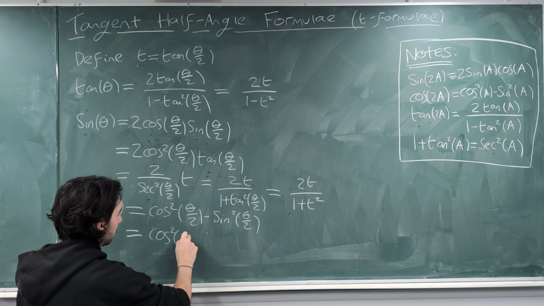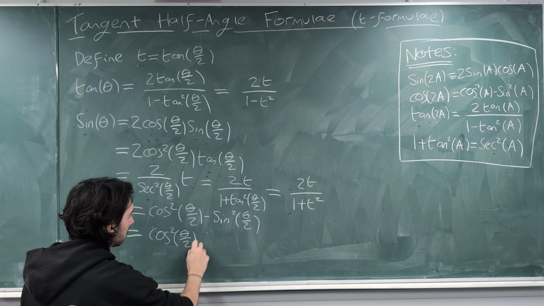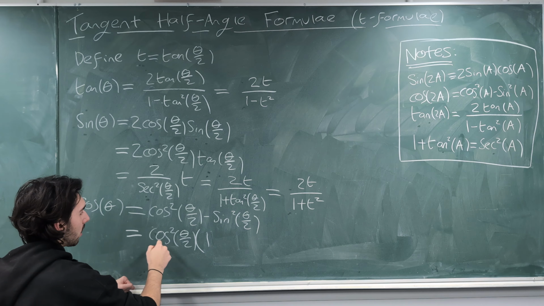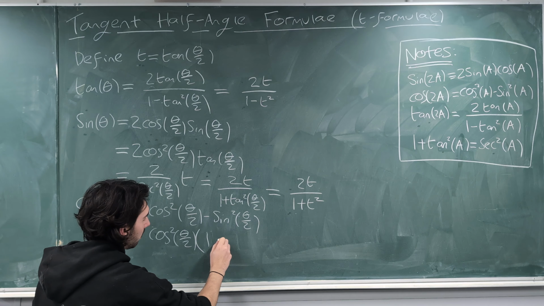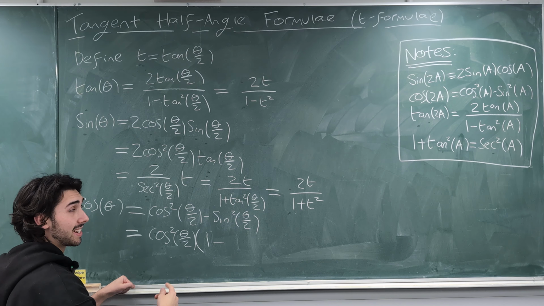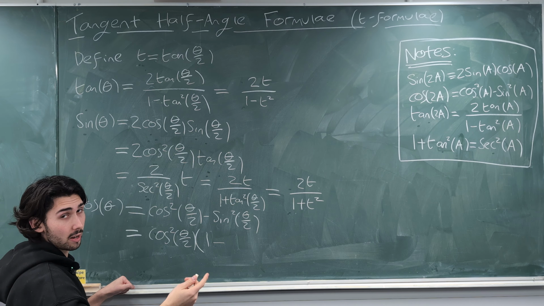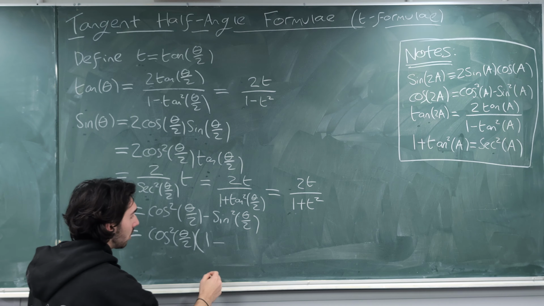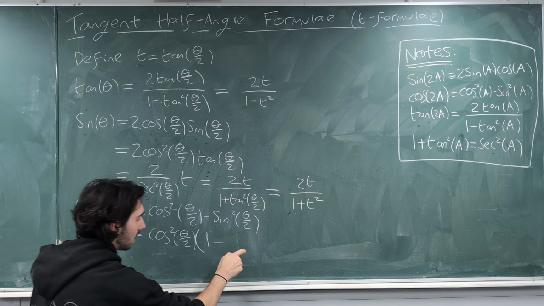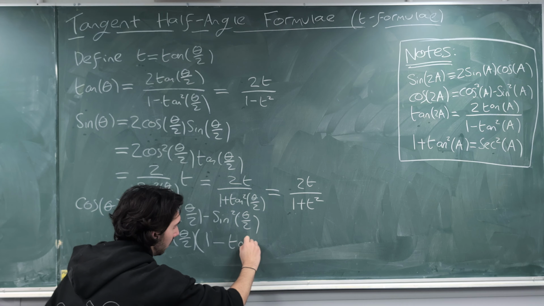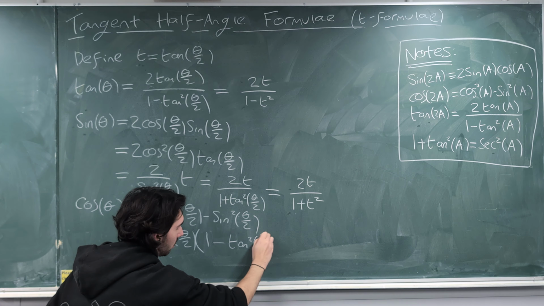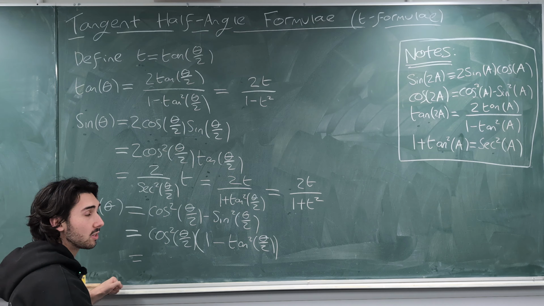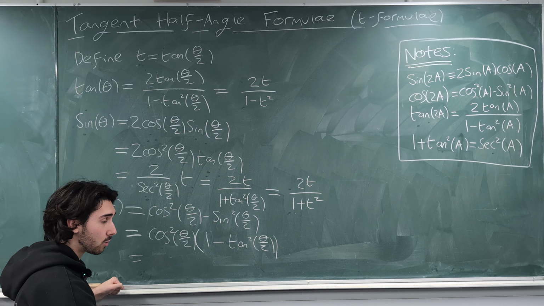I know that some of this seems to be not too obvious. You kind of have to have seen it. But if I factor a cos squared out, then I can write cos squared times 1 minus, and because tan is sine over cos, so tan squared is sine squared over cos squared, I can write it as tan squared theta over 2. Again, the objective is to write everything in terms of tan theta over 2.